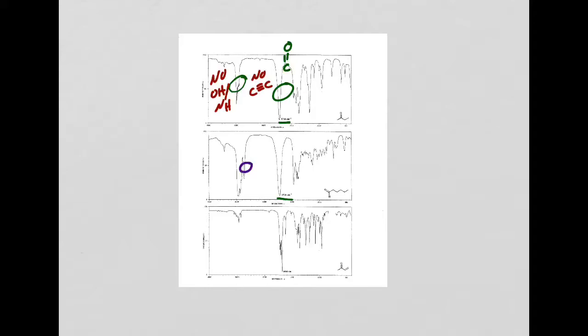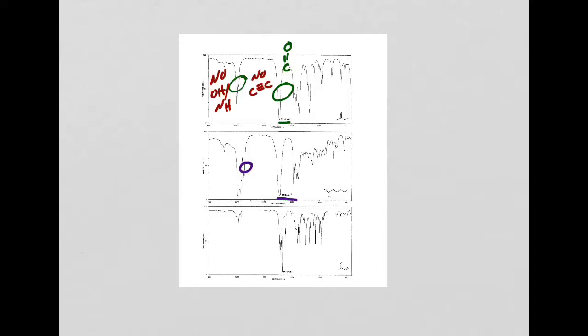Okay? And that's very helpful. And when you have that peak next to the CH peak, you know you have an aldehyde. And this is my aldehyde peak. So I have a carbonyl peak, I have an aldehyde peak, then I know I have an aldehyde. So far so good? Okay.